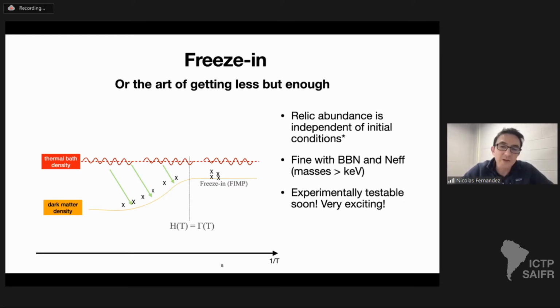It is also fine with BBN and N-effective for scales beyond a little bit more than a keV, and experimentally testable soon.